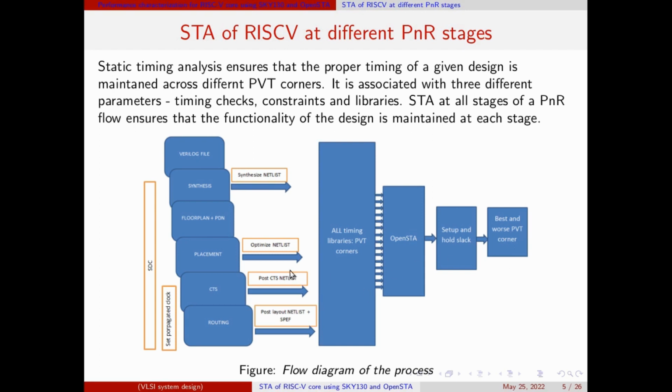Now, there is one thing to be noted here. For the static timing analysis in the OpenLane flow, we have to provide the constraint file for each level of the flow, and we also have to use that for our analysis. An important thing to note is the variable set_propagated_clock, which has to be initialized before the clock tree synthesis, so that the clock tree is propagated across the design.